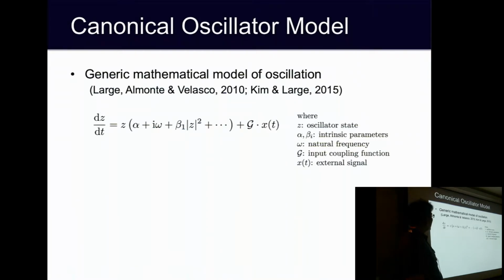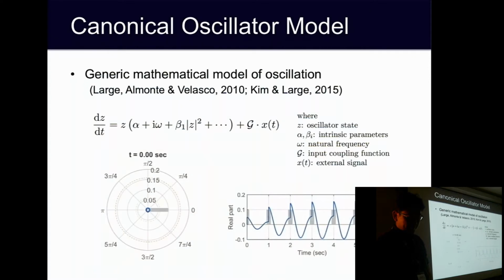The right-hand side has two parts. The first part is the intrinsic part, which determines the intrinsic behavior of the oscillator. Alpha and beta are intrinsic parameters. Omega is the natural frequency. And the second part, G times X, is the input term. G is the input coupling function being multiplied to the external signal X of T.